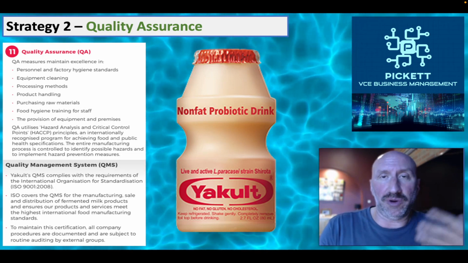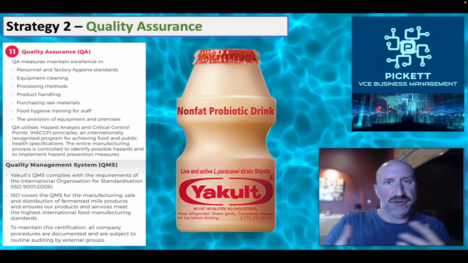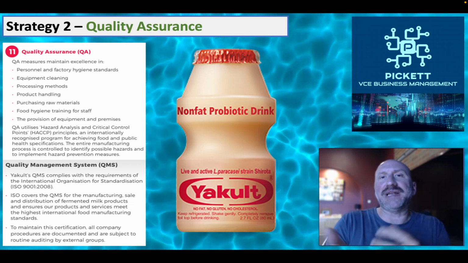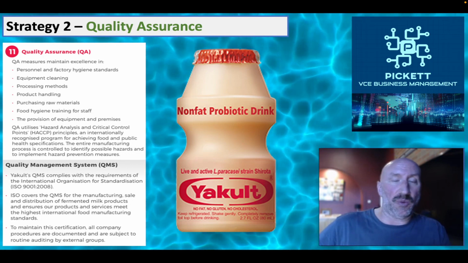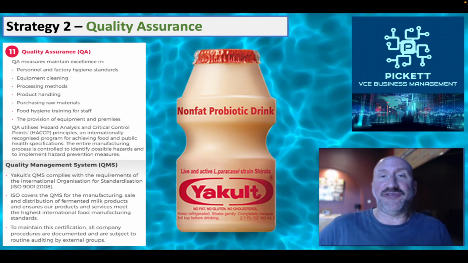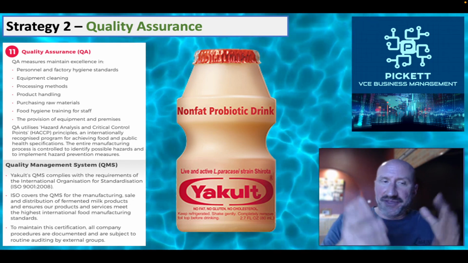If we make sure all of our equipment is being cleaned properly, if all of our processing methods are bang on, if we're handling products the right way, if we're purchasing raw materials the right way and then storing them, if we're training all of our staff in the right way around hygiene, think about all those things.